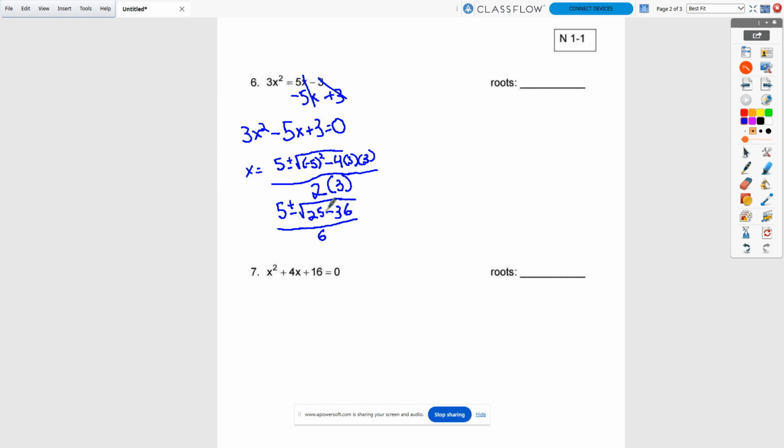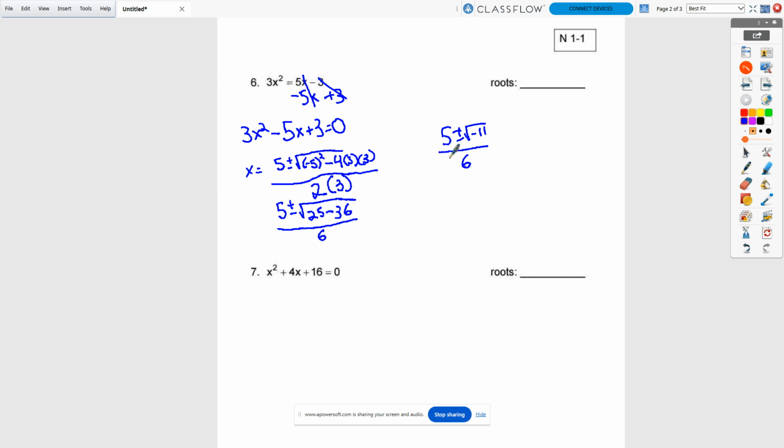And I need to do 25 minus 36, which would give me, is that negative 11? Yep. So 5 plus or minus square root of negative 11. And I know 11 is a prime number, so not going to get any more simplified than that.